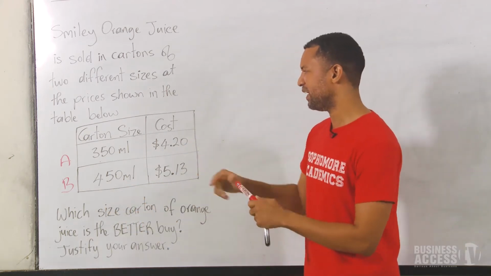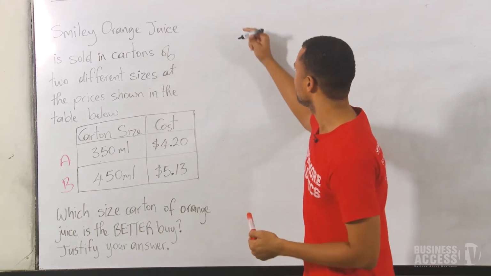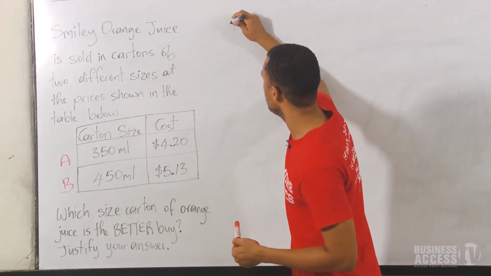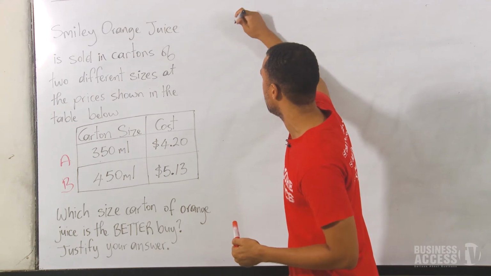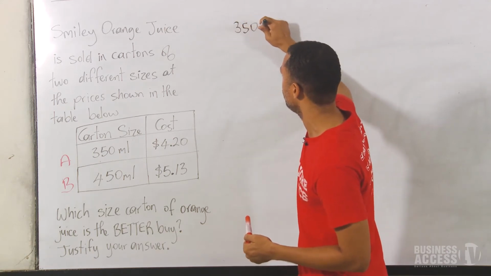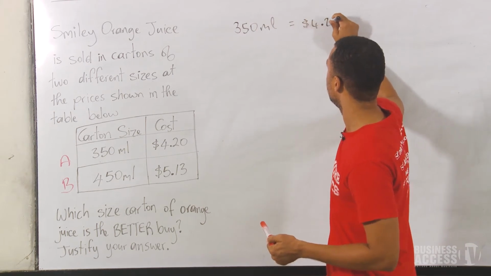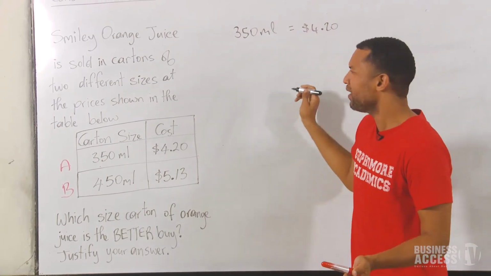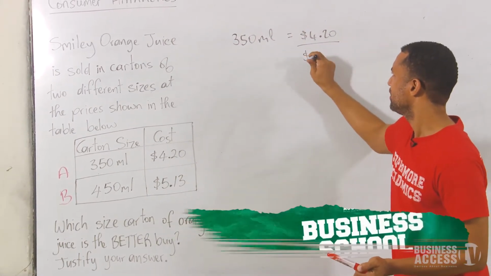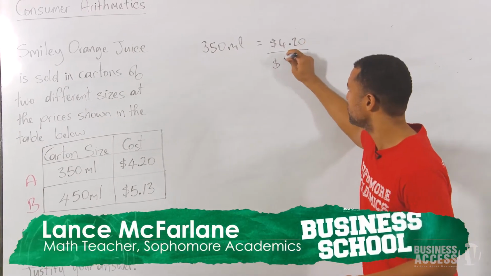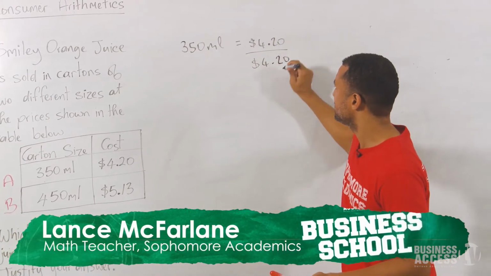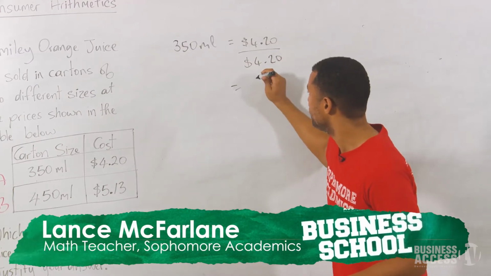Let's do A. It says 350 milliliters is for $4.20. So $1, guys, I want $1 over here, so I'm just going to divide by itself, because when you divide by yourself, you get 1.